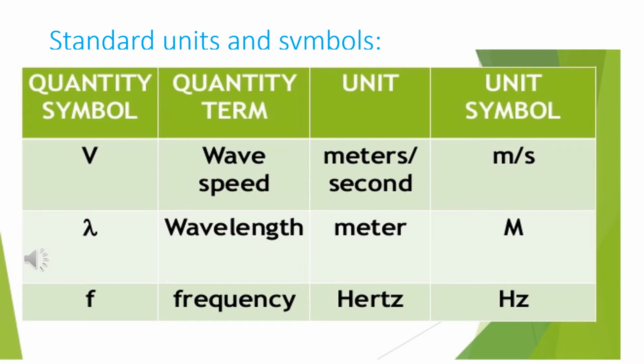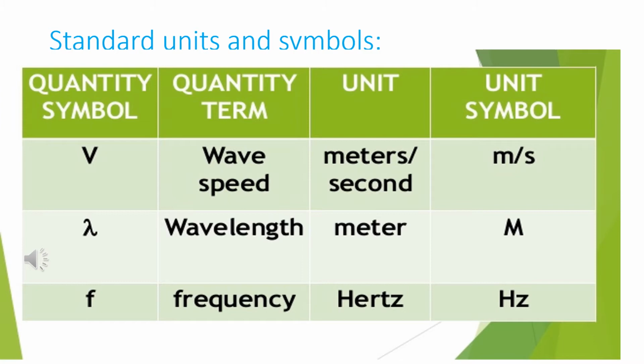We have divided our slide into 3 rows: 1, quantity symbol; 2, quantity terms; 3, units and unit symbol. This is V, that is wave speed. And the unit symbol for wave speed is meters per second. We write it like this, m/s.